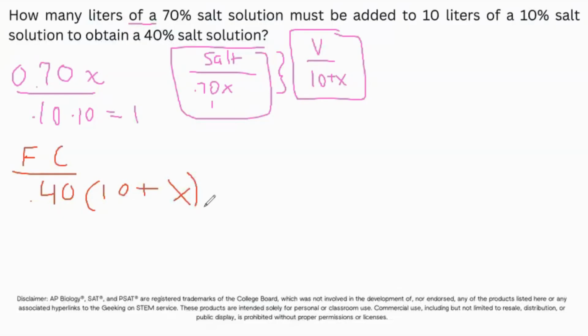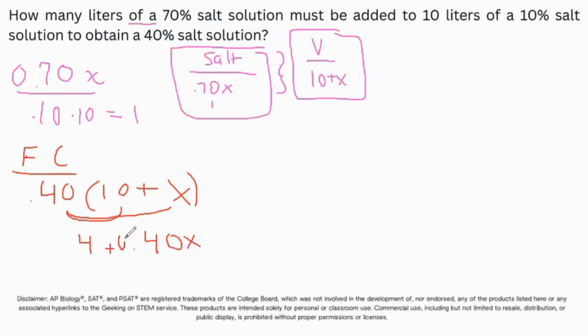Now that we understand these two, we could go ahead and simplify this a little bit. So we can say 0.40 times 10, and that's going to give you 4 if you multiply those together. And if you distribute this, we have 0.40 times x, which is just going to be 0.40x.